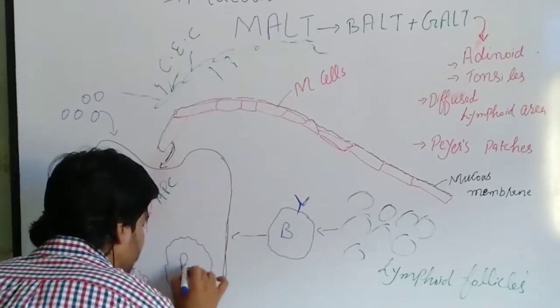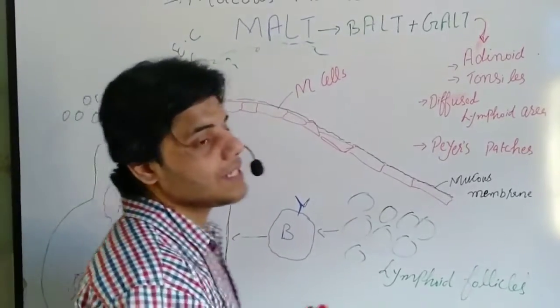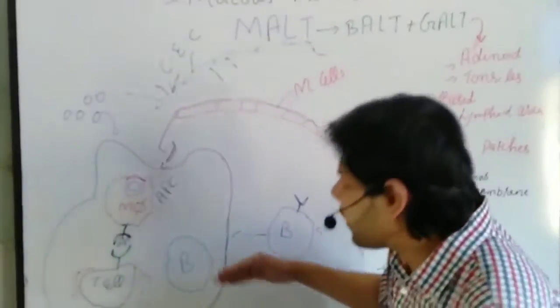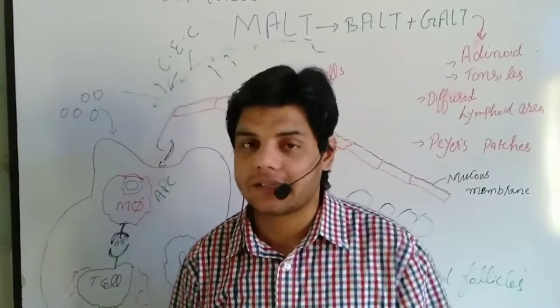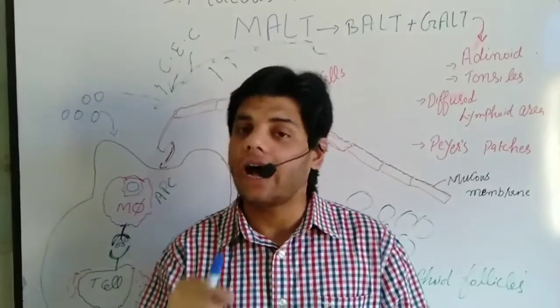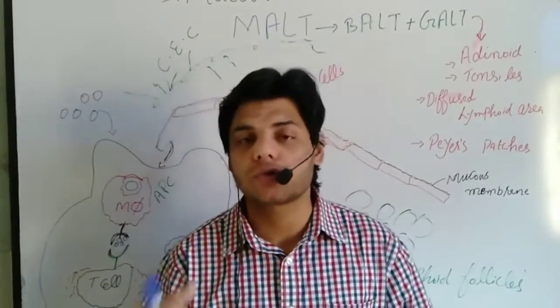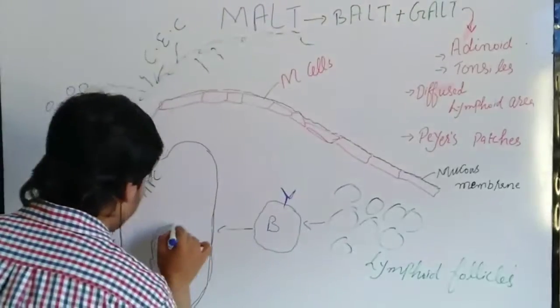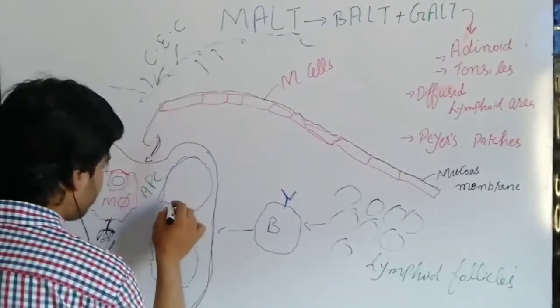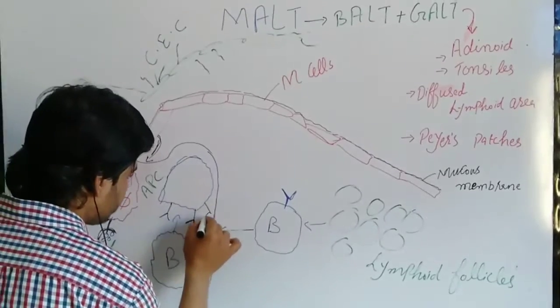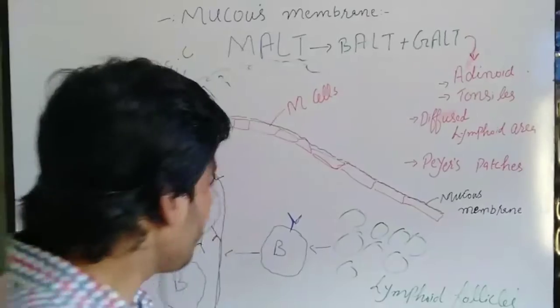So this is the B cells. Once these B cells are attracted, they are converted into mature cells which we call plasma cells. Plasma cells are antibody producing factories.